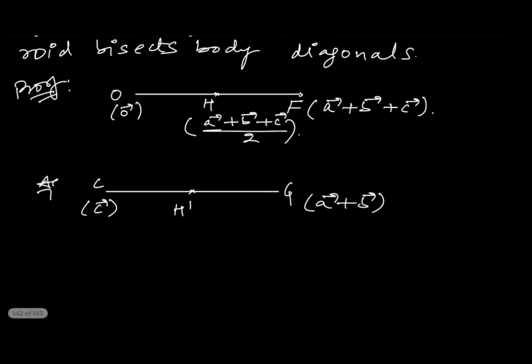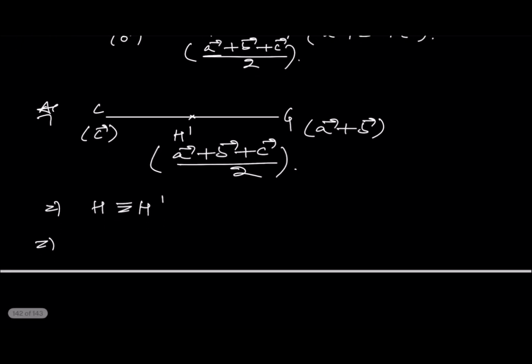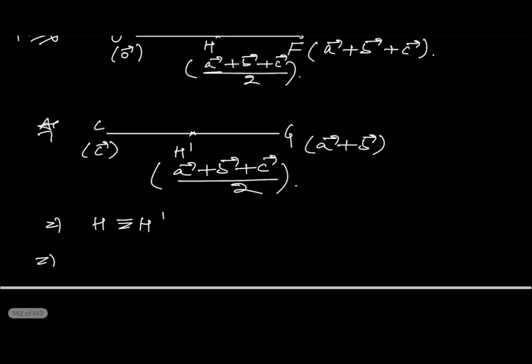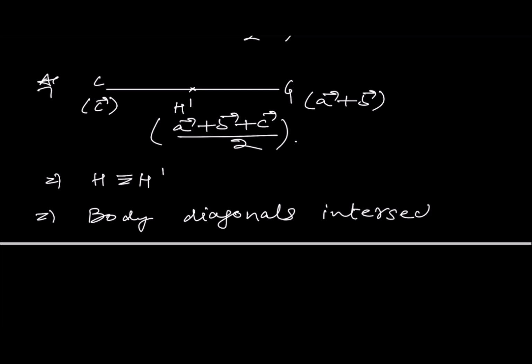Again, using the midpoint formula, H dash becomes a plus b plus c by 2. So we can see H and H dash are identical. It implies the point of intersection is the point of concurrency. So body diagonals intersect at the same point H.